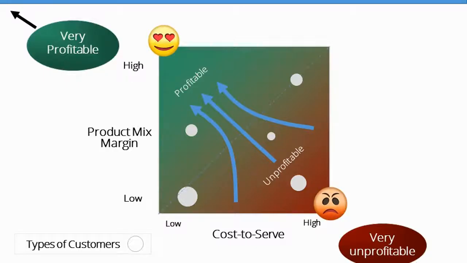Here is the matrix that I referred to. All of the individual customers are the intersection circles inside the box. The vertical axis is the product mix margin from low to high for what the customer is buying. But the bottom half is basically low maintenance customers on the left, high maintenance customers on the right.